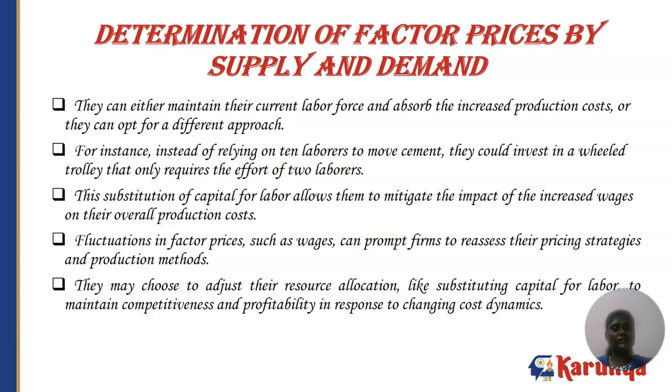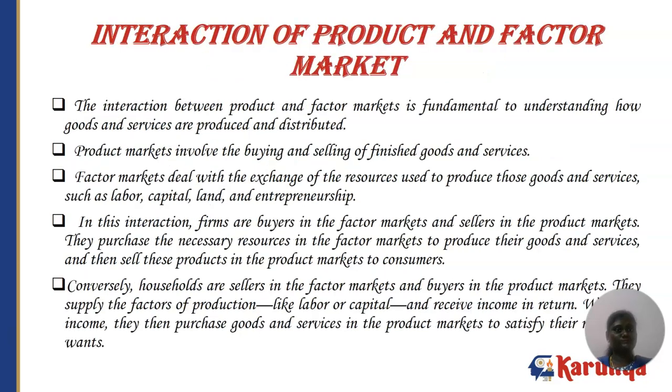Fluctuation in factor prices such as wages can prompt firms to reassess their pricing strategies and production methods. They can choose to adjust their resource allocation, like substituting capital for labor, to maintain competitiveness and profitability in response to changing cost dynamics.